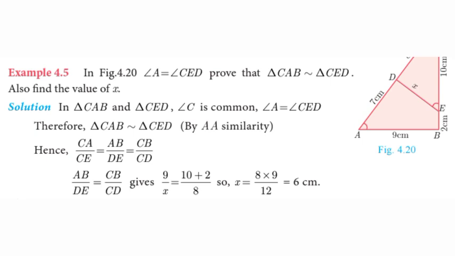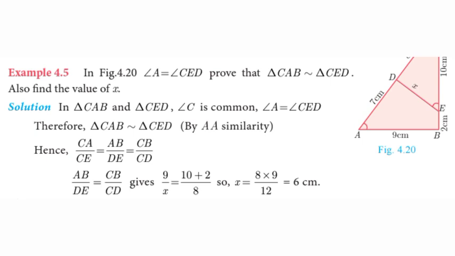Cross multiplying, x equal to 9 into 8 divided by 10 plus 2, that is 72 divided by 12. Therefore, x equal to 6 centimeter. What is the x value? That equal to 6 centimeter.